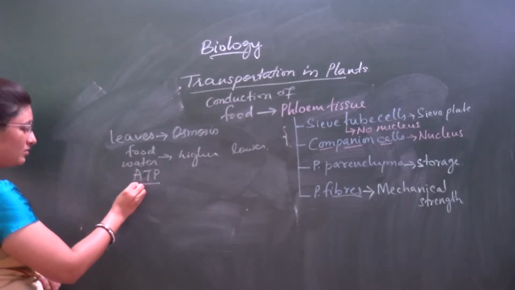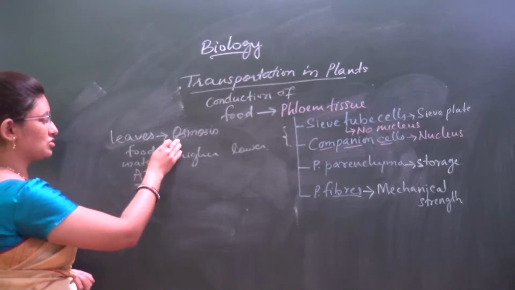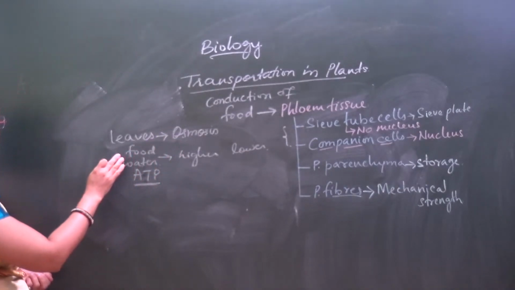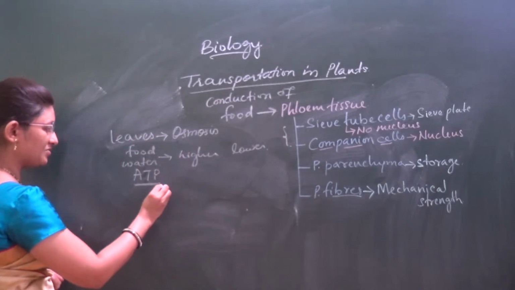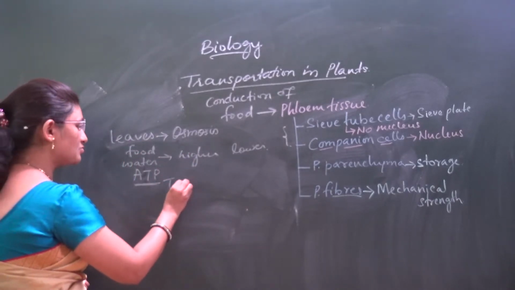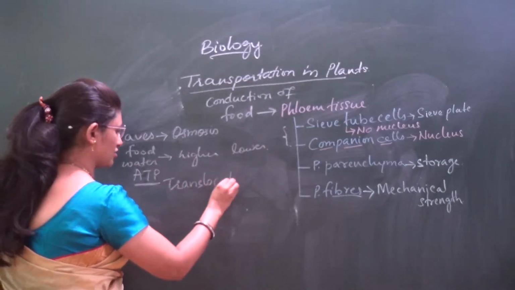So by using ATP molecules and the process of osmosis, the movement of the soluble food material from the leaves to the different parts of the plant body is carried out. And this process we call translocation.